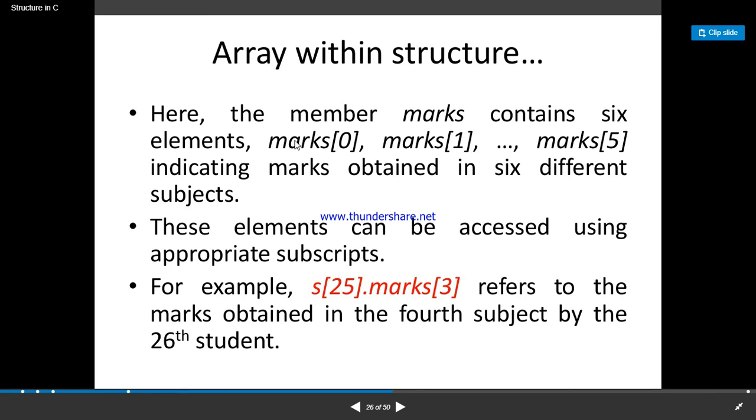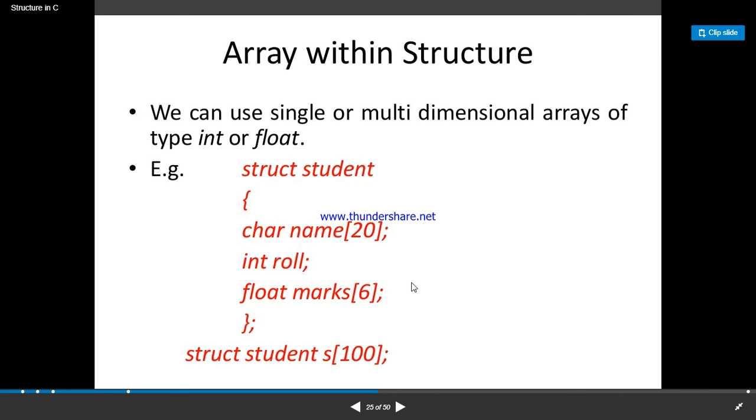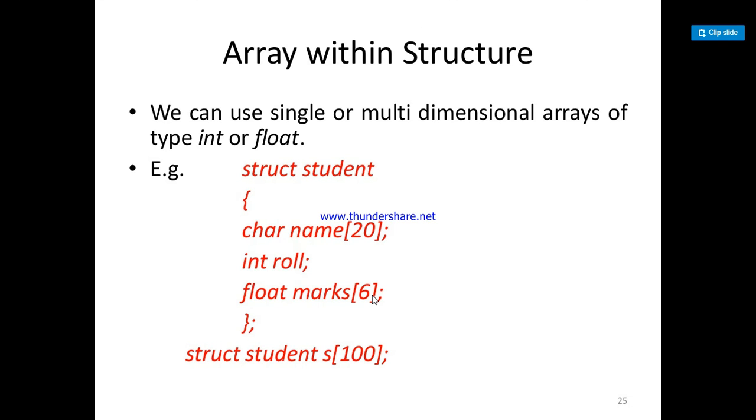When we collect the information of mark 0, mark 1 up to mark 5 by using s25 dot marks 3, it represents the 26th student's third mark. Each student can get at most 6 marks.